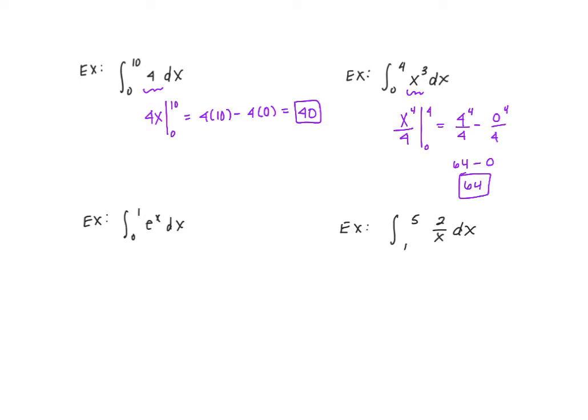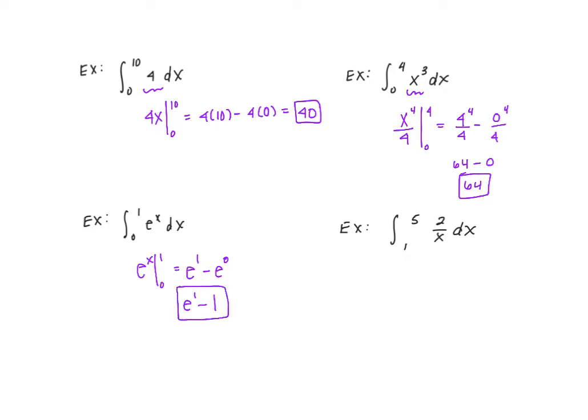The integral of e to the x is e to the x from 0 to 1. So I have e to the 1 minus e to the 0. I'm going to leave e to the 1 as just e to the 1. e to the 0 is 1. Anything to the 0 power is 1. So I'm going to leave my answer like that.